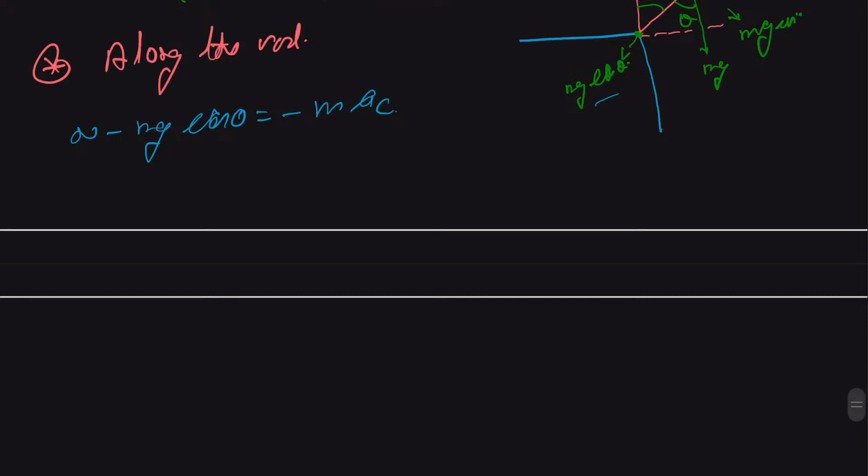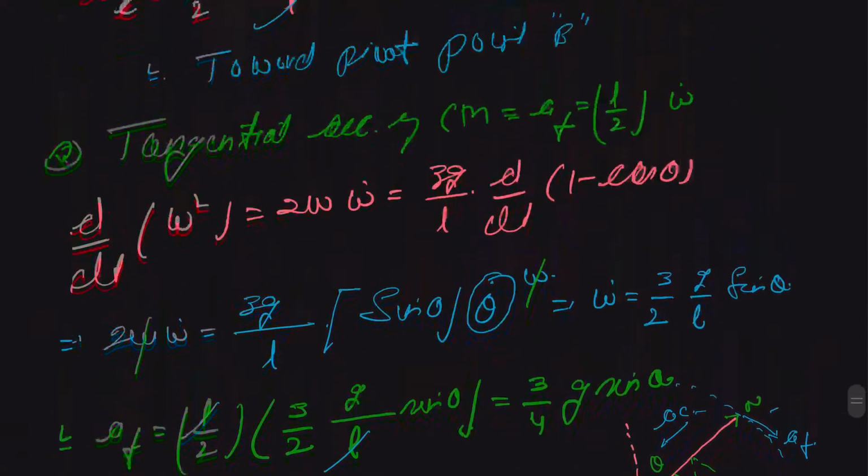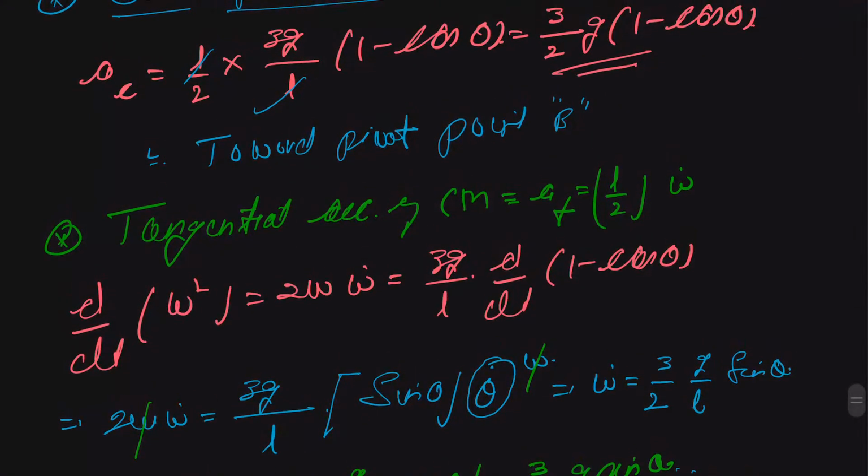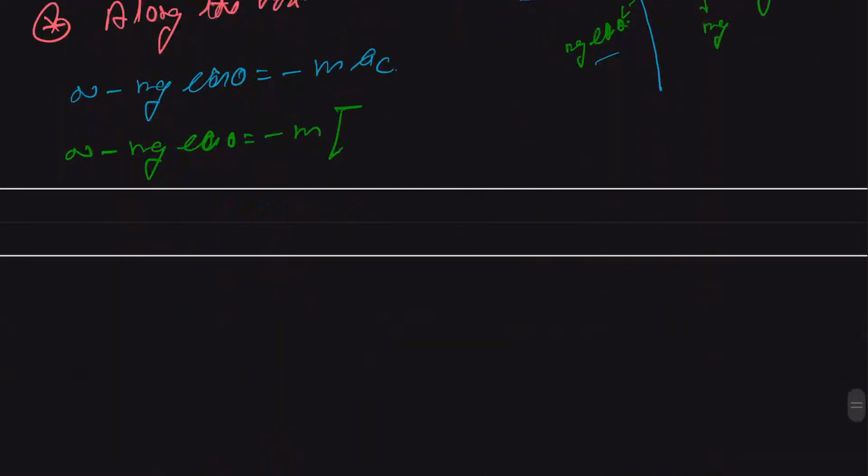And we already know the value of AC, so we substitute here and we get normal minus mg cos of theta is equal to minus m times 3 by 2 g times 1 minus cos of theta.